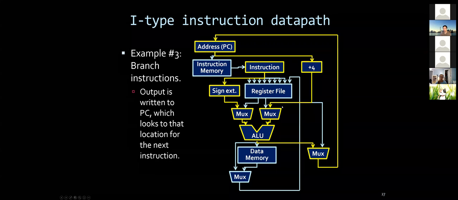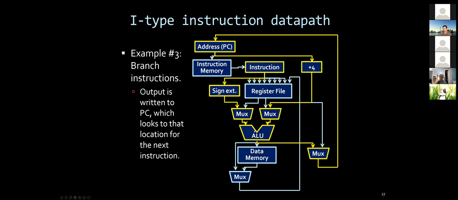So what they were doing is adding that constant to the PC. And we use the same ALU obviously to add up the PC with this constant. Then we go through the mux here and we update the PC with the new value. Okay, that's what the branch instruction will do.